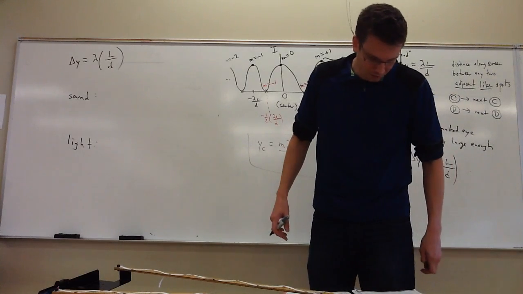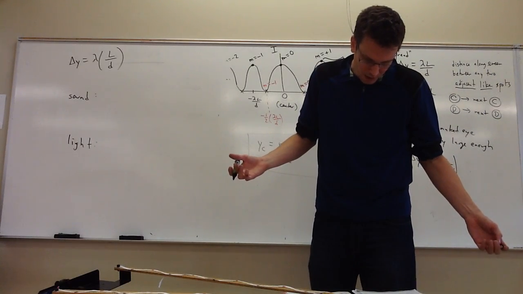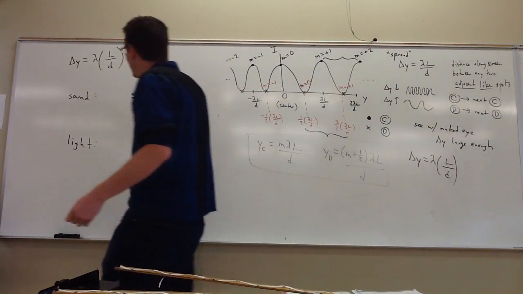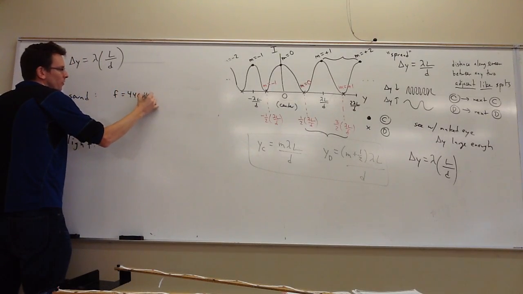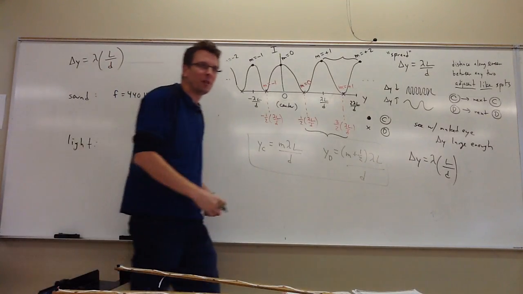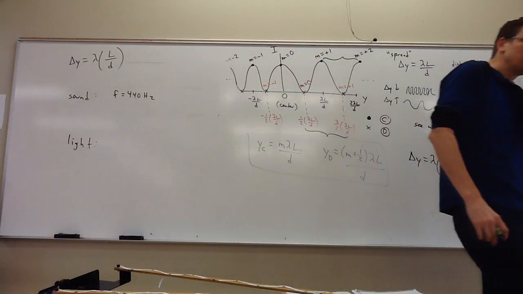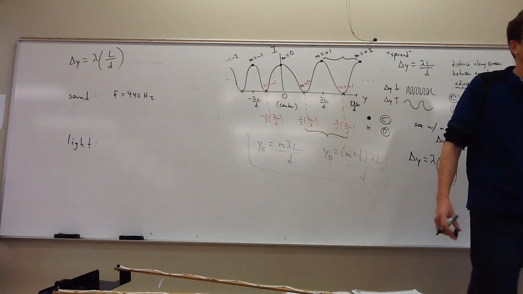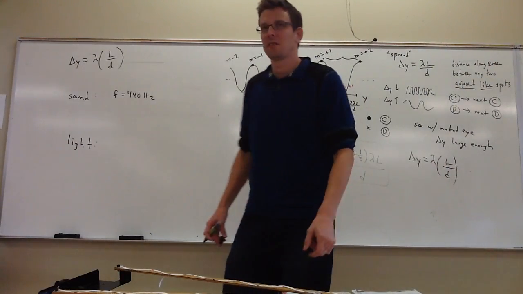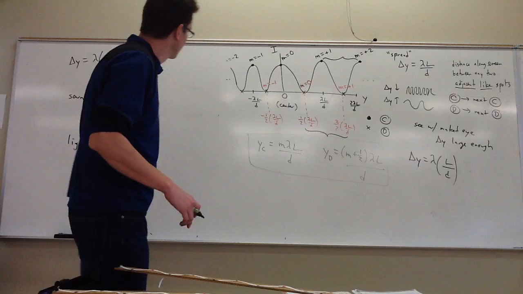So for sound, let's take a typical sound. I always pull out 440 hertz for sound. That's the middle A on a piano. So that's kind of my baseline for not too high of a note, not too low a note. It's basically a very middling kind of sound frequency.